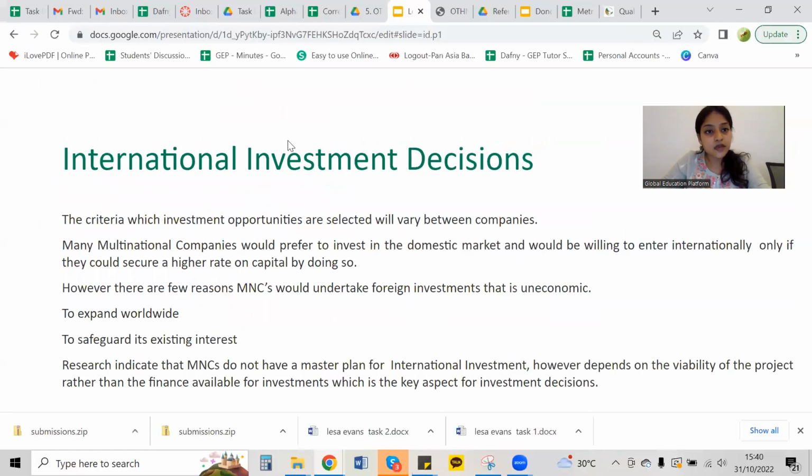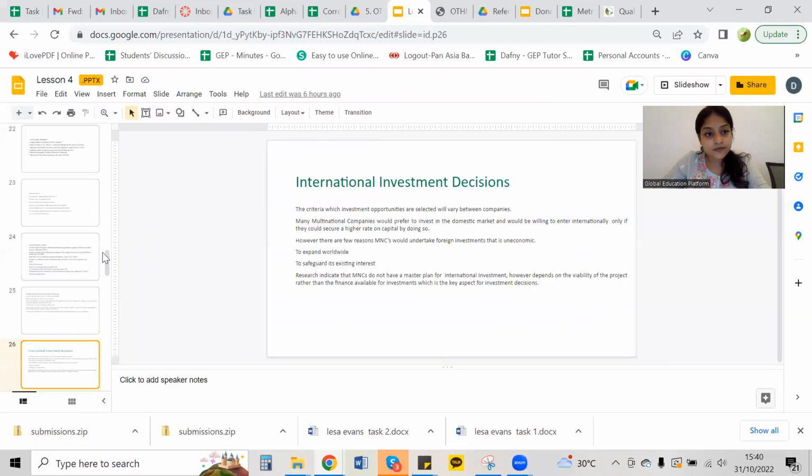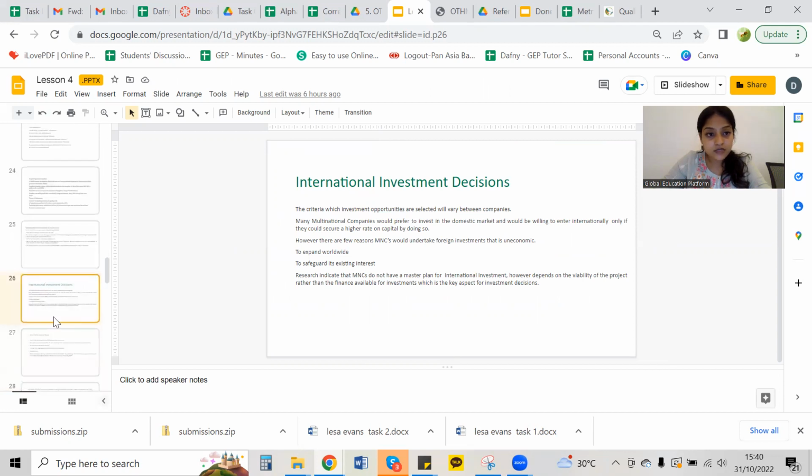Right, so let's look at the next, which would be the international investment decisions.